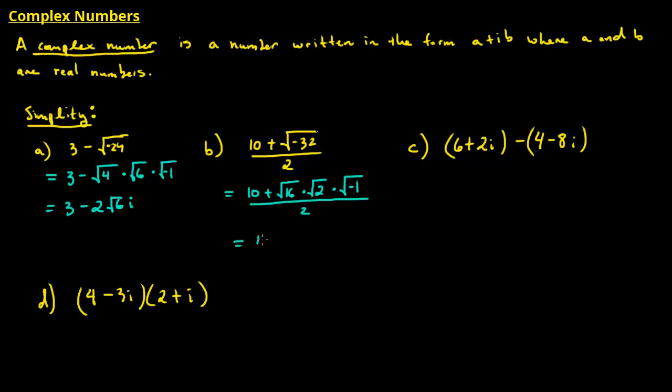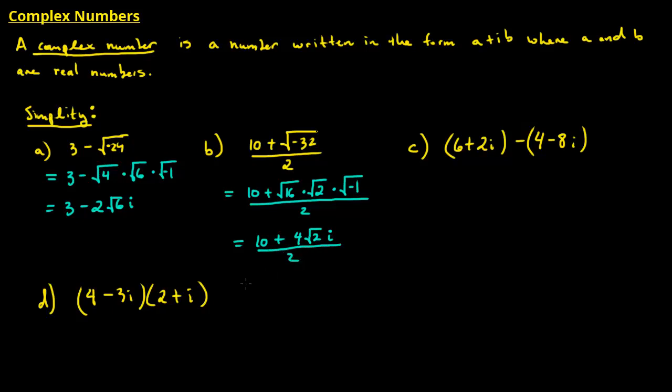Now, this simplifies because the square root of 16 is just 4. So I get 10 plus 4 times the square root of 2. The square root of negative 1 is just i. So I get 10 plus 4 square root 2i, all divided by 2.